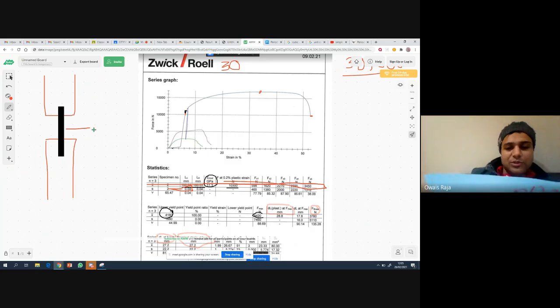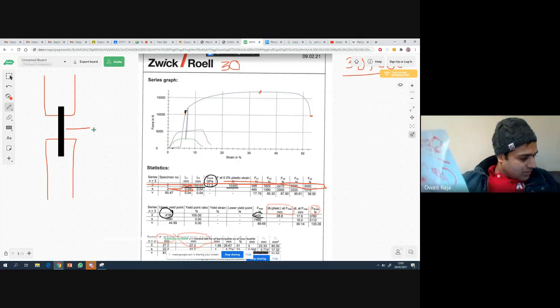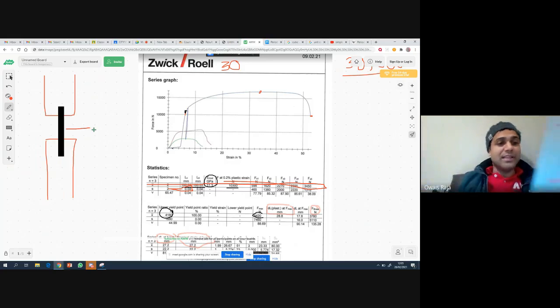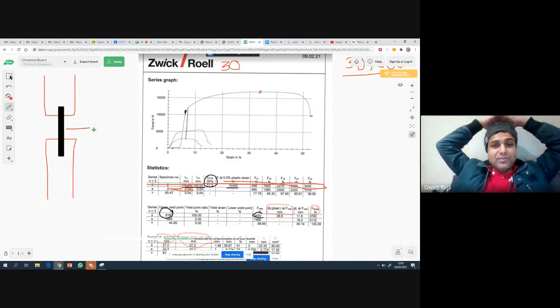The length that I had was a total of 200 millimeter, and the gauge length was 100. So it was either 100 or 200. So these are perfectly incorrect.